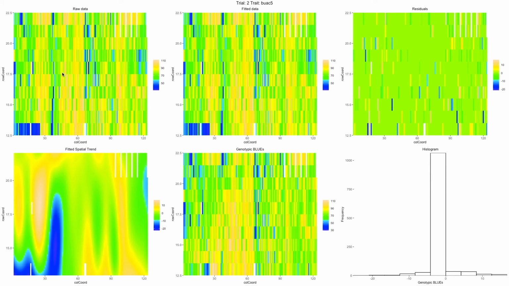So the first one is the spatial plot of the raw data, and then the spatial plot for the fitted data, and for residuals, and for BLUEs. And since for this model we use SpATS as the engine, there is an extra plot with the fitted spatial trend.